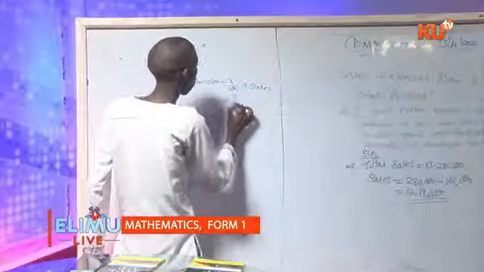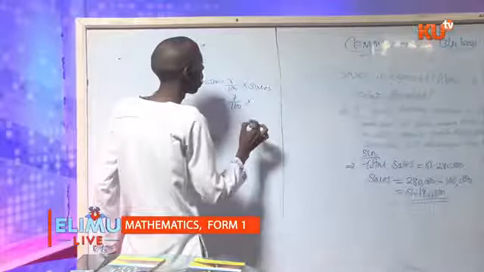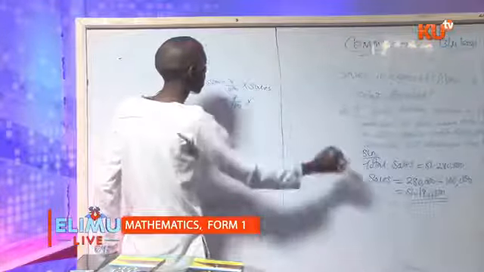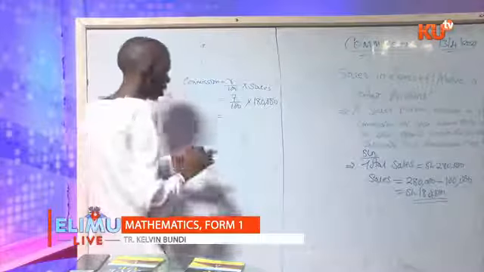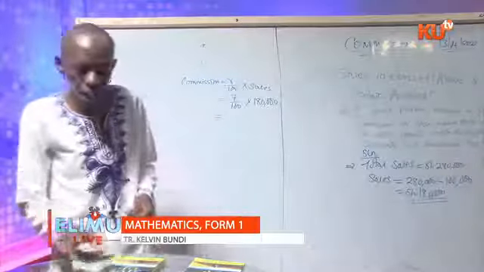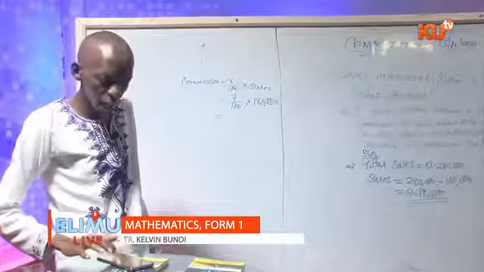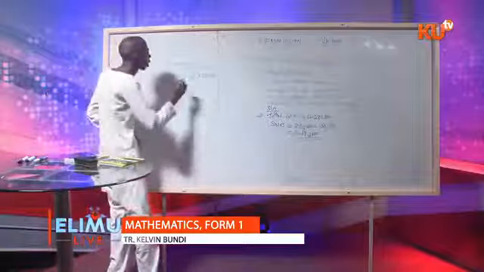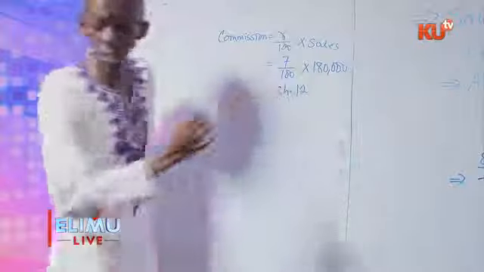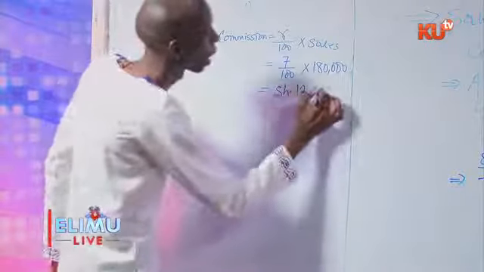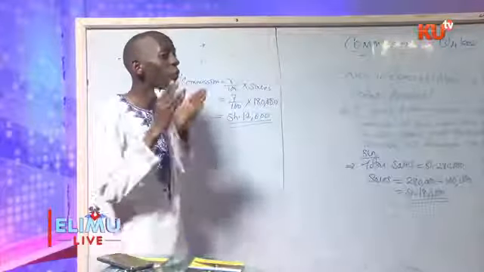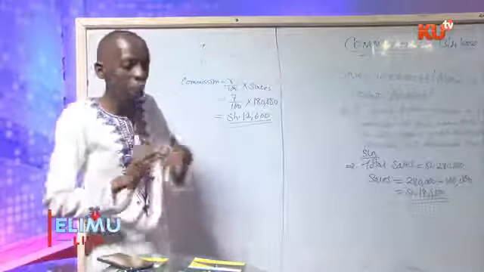So 7 over 100 multiplied by the sales of 180,000, and the commission is 12,600 Kenya shillings.